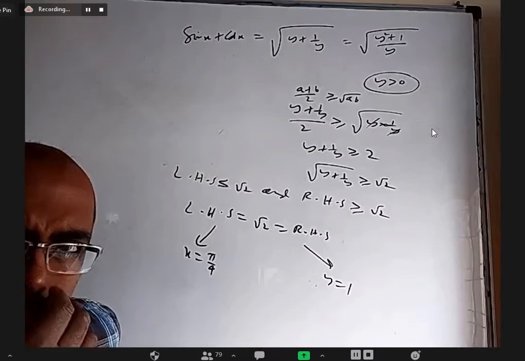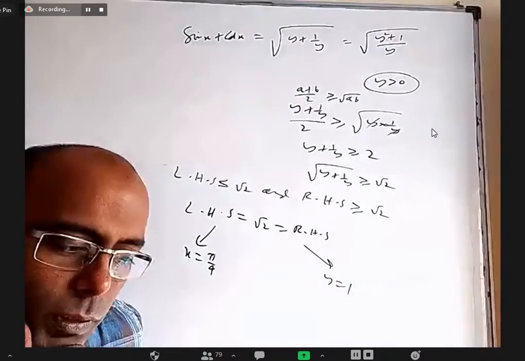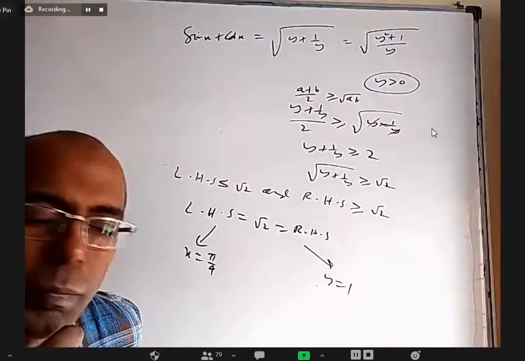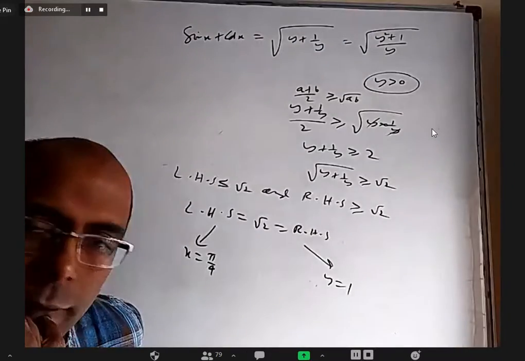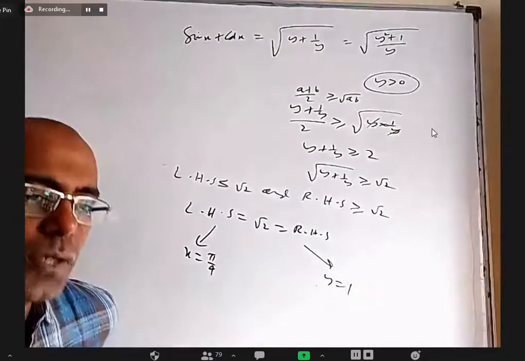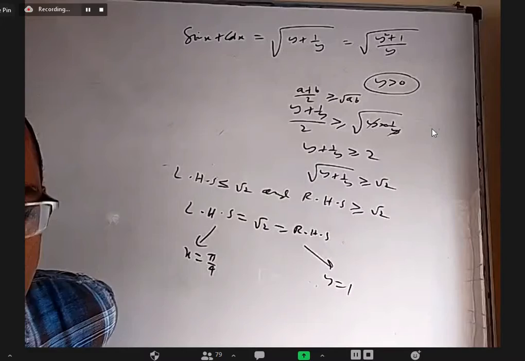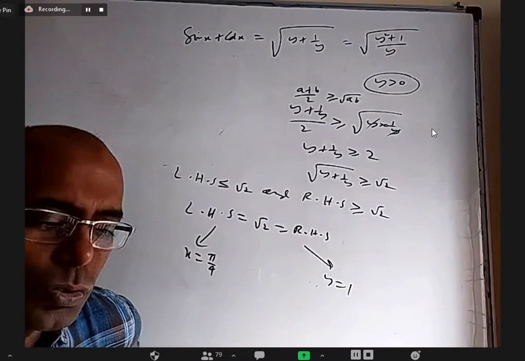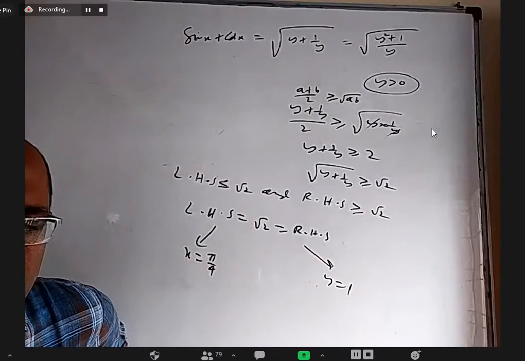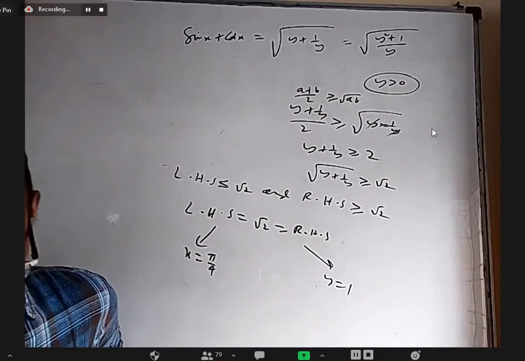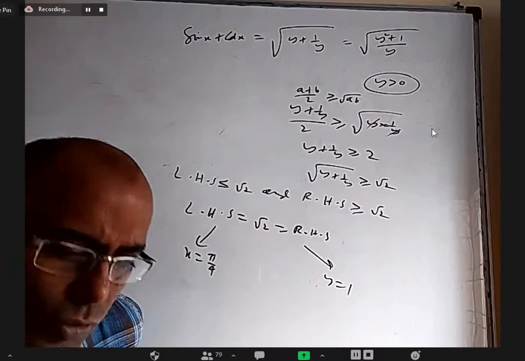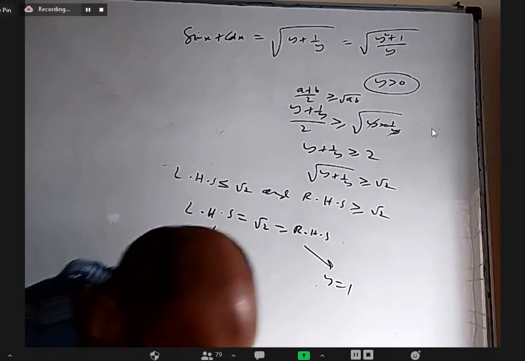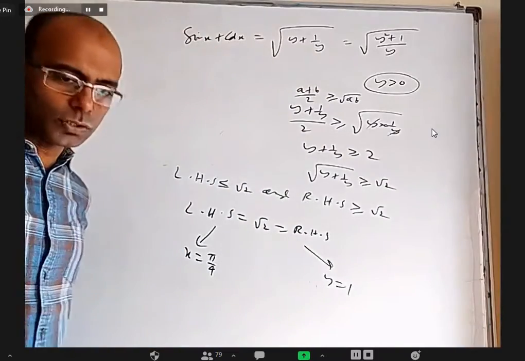It becomes 2 minus (x plus 1) whole square, 2 minus a perfect square. So LHS is less than or equal to 2. RHS is greater than or equal to 2. So the only chance they can be equal is when LHS and RHS are equal to 2. I am just giving a hint so that when you try, at least you have an idea. Let's go to the third question now.